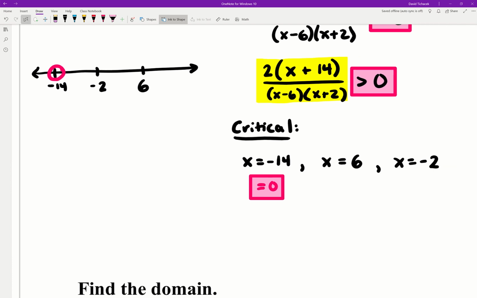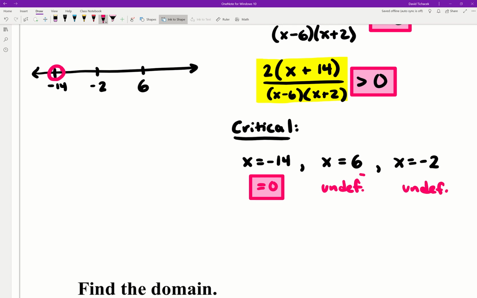If we take a look at the other critical numbers here, these are numbers that make things in the bottom equal 0, which would make the whole bottom turn into 0. And remember that we can never have a denominator that's equal to 0. So these two values are going to make the rational expression undefined.